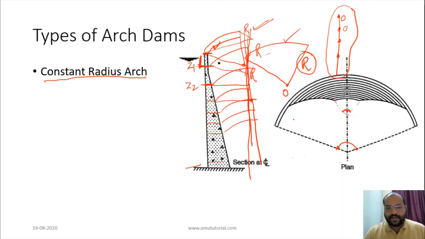So in order to vary the thickness, the central angle may change, but the radius at all elevations is the same. So this is an example of constant radius arch dam.